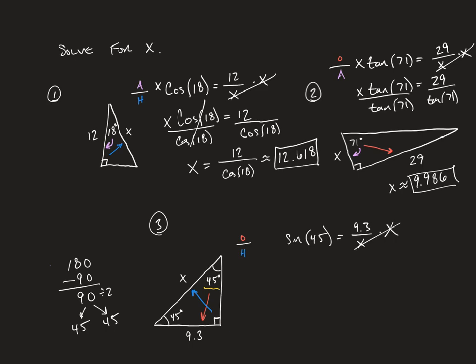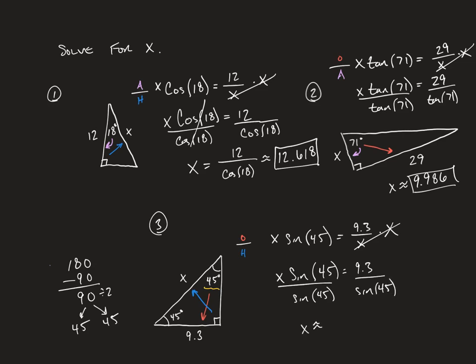Multiply by x on both sides. So x times the proportion, or the relationship between my opposite and hypotenuse side from the perspective of a 45-degree angle, is equal to 9.3, and I'm going to divide by that value, whatever it is.